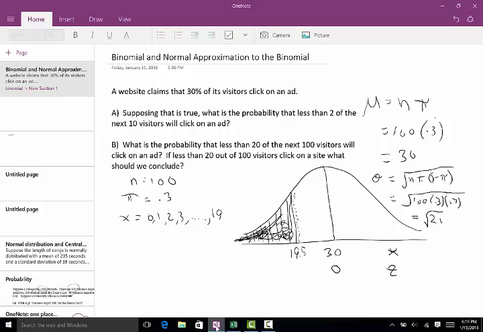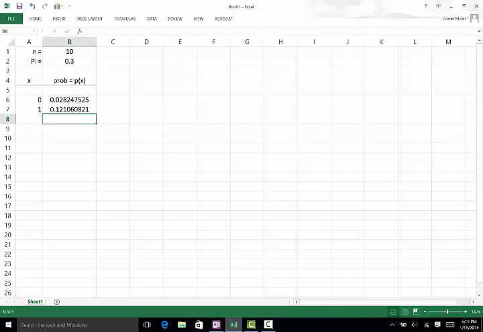So let's go back into Excel. And the z-score, put that down here, equals 19.5, that's my x value, most important formula in this course, minus the mean, the expected value, that's 30, divided by the standard deviation, square root of 21.